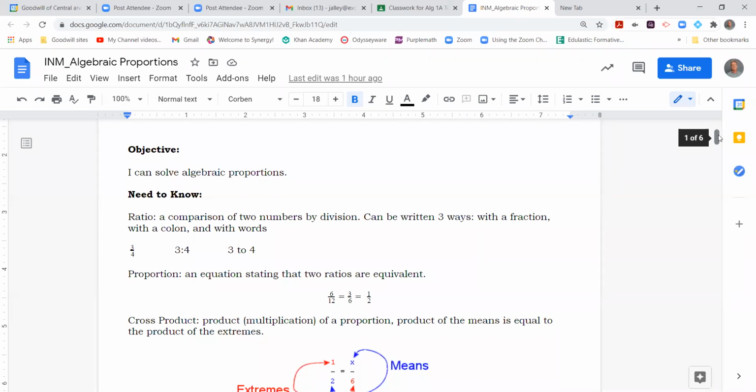Architects and engineers have to deal with proportions all the time. Because if an architect is designing a building, they can't design it on paper to the actual size that the building is, right? Nobody could ever do that.